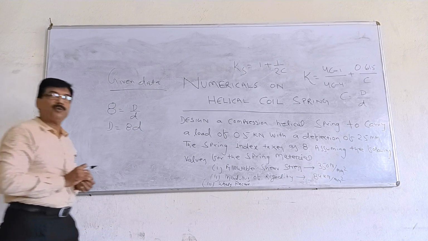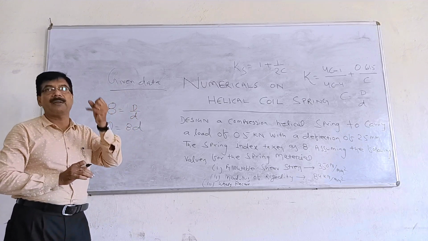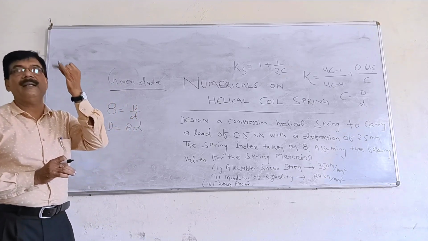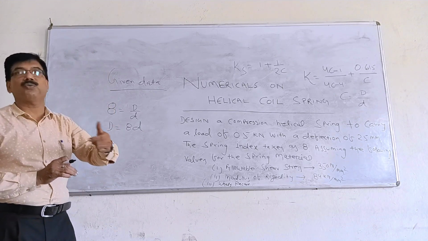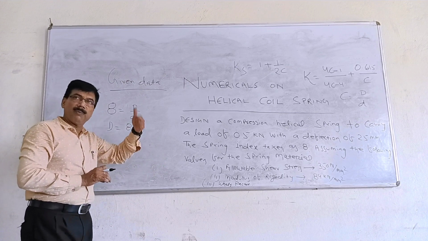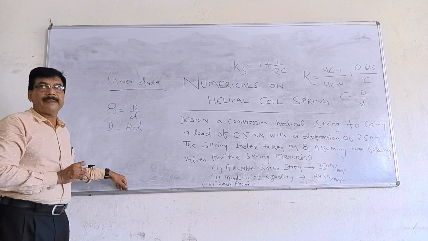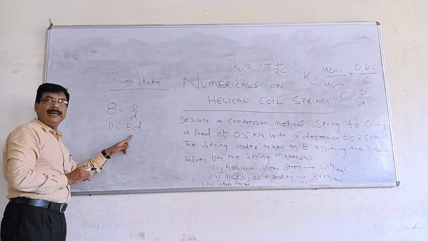So first of all we have to find out small d, then capital D, then another parameter N, number of active coils, then actual coils, then pitch, then relay. All the parameters we have to find out. Design means everything we have to find out one by one. Right? So capital D value, mean coil dia, is 8 into d.